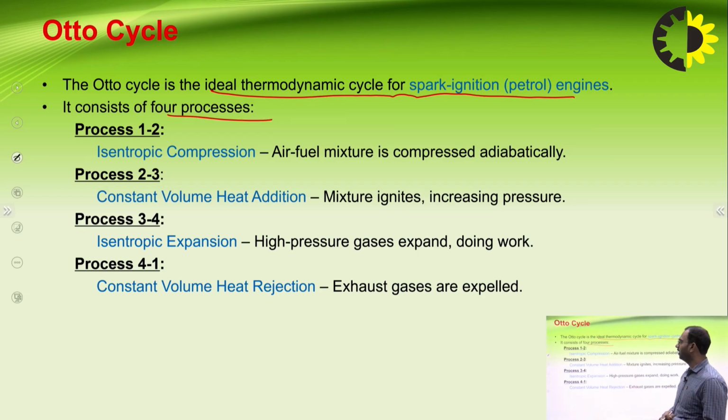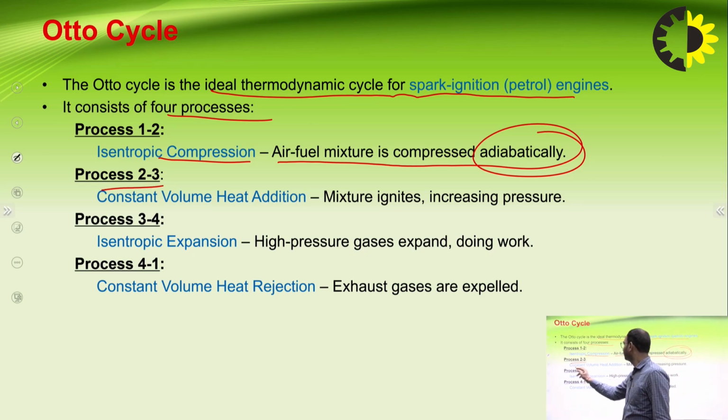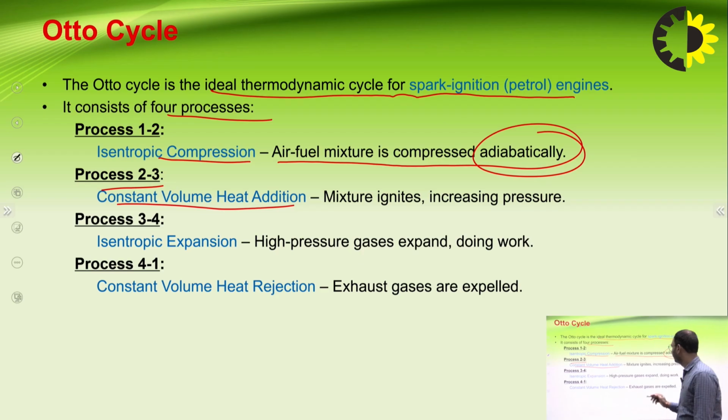Process 1 to 2 is isentropic compression. Isentropic compression means air fuel mixture is compressed adiabatically. Adiabatically means at constant entropy. Then process 2 to 3, constant volume heat addition. Here mixture ignites, increasing pressure at constant volume.